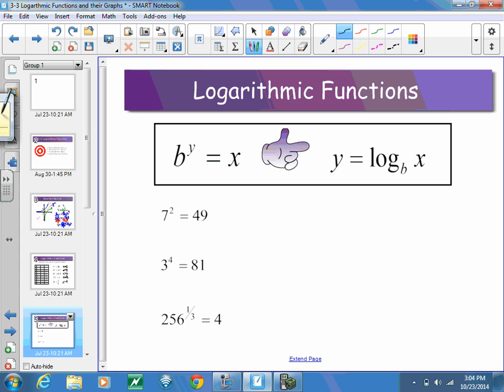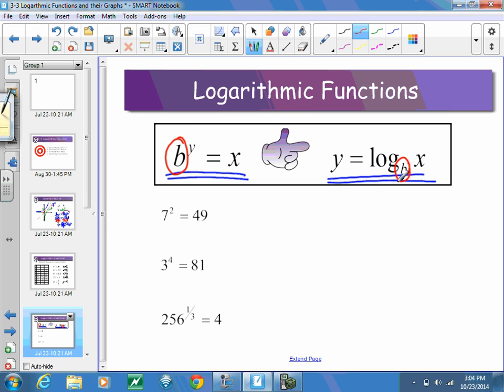So here's where you're at. This is our exponential notation, so b to the power of y equals x, and then here's our logarithm notation. So what's happening here is you have this base of your power. Well, that base is going to become the base of your logarithm.